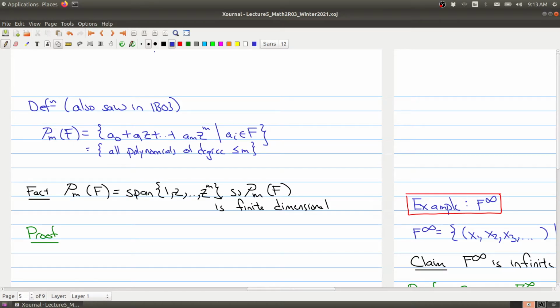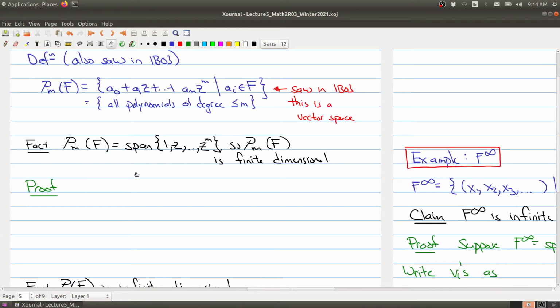And this is a vector space. So we saw in 1B03, this is a vector space.